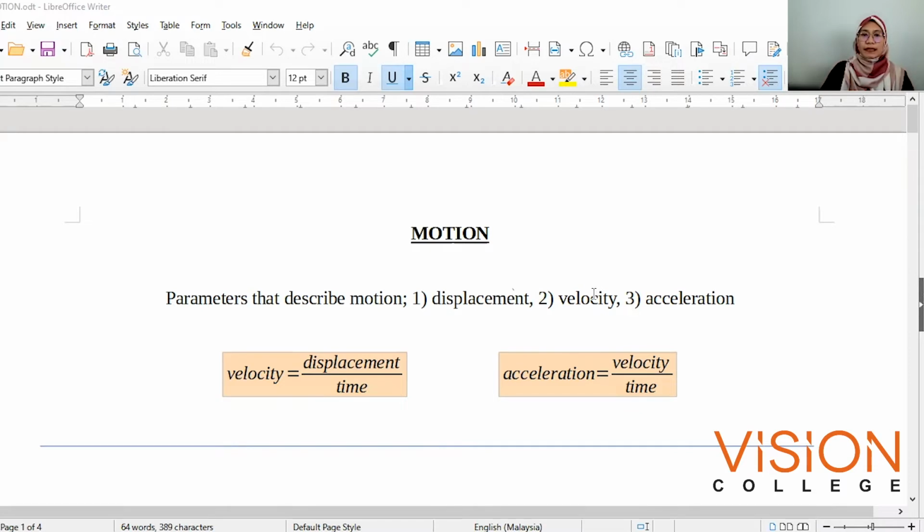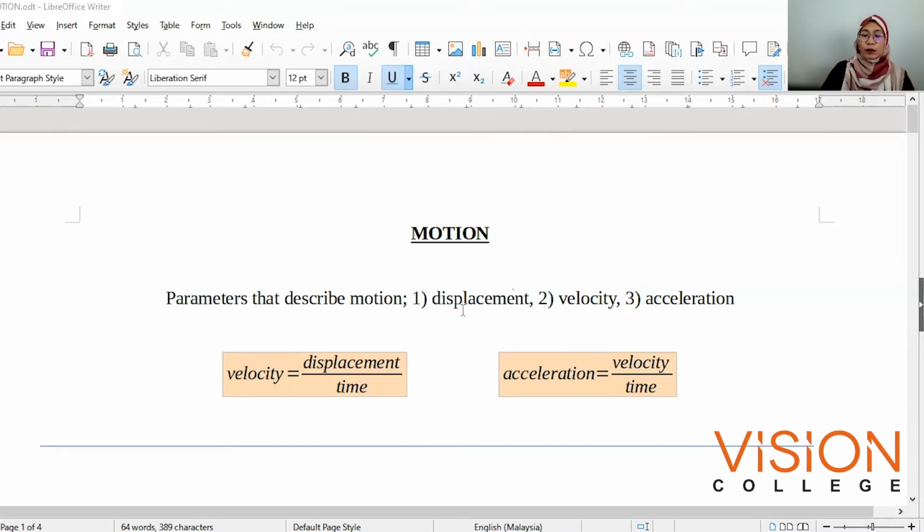You have learned that velocity is the rate of change of displacement, or in terms of formula, velocity is equal to displacement over time. While acceleration is velocity over time. So we can see the word velocity exists here as well. It means to get acceleration, we need the velocity. To get the velocity, we need the displacement.